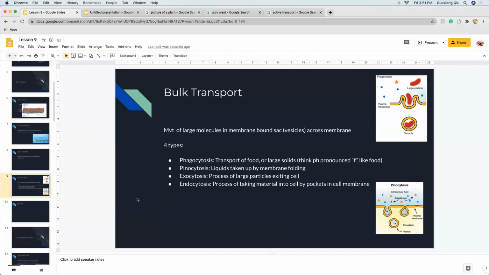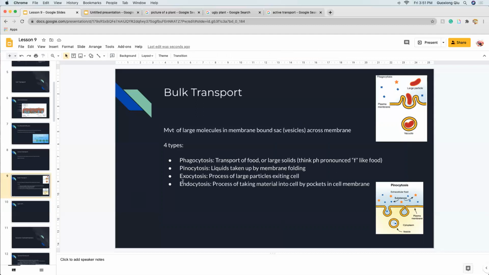Okay, other two types, exocytosis and endocytosis. Exocytosis is the process of the large particles, so it can be either the food or liquids, when they're leaving the cell. And then endocytosis is the process of taking material into the cell. To remember them, for exocytosis, think exit, so it's leaving, and then endocytosis is just the opposite.